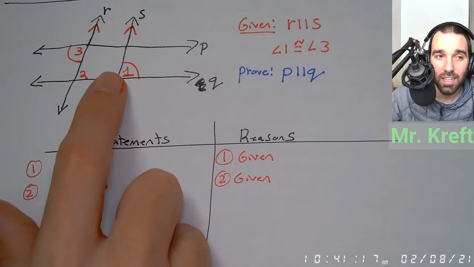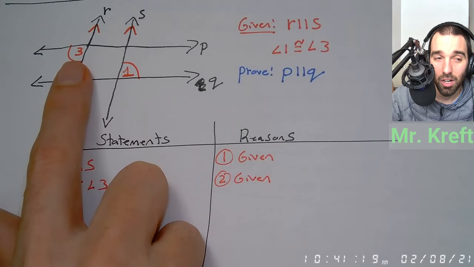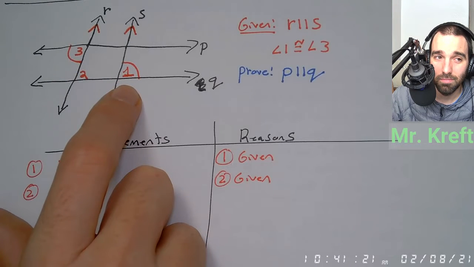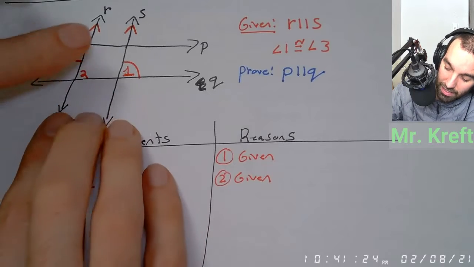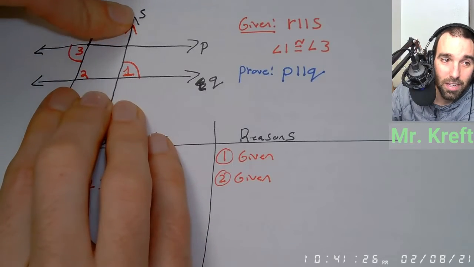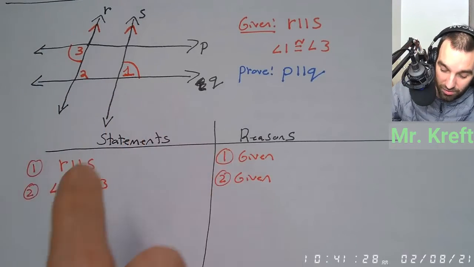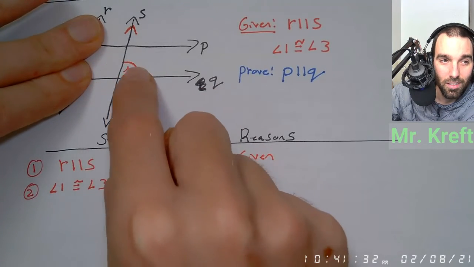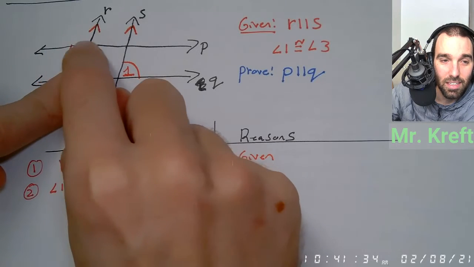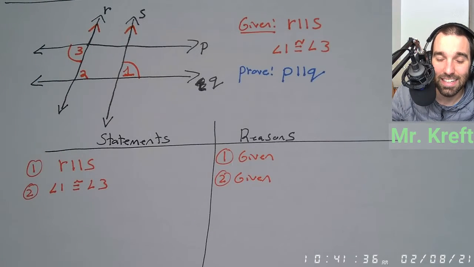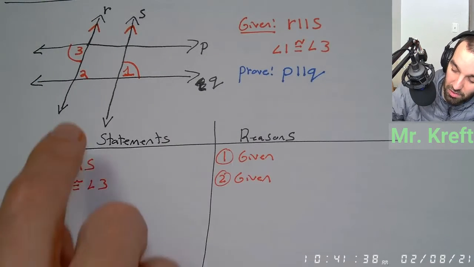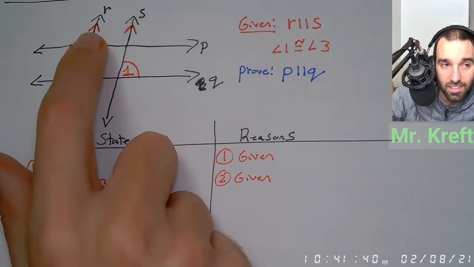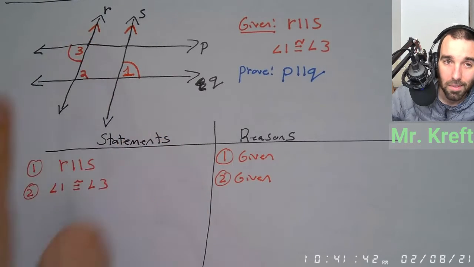But is this an angle relationship? Are these corresponding angles? And if we look at them, are they even connected by a transversal? If we look at what cities they're in, angle 1 is in this city down here, and angle 3 is in this city up here. Are those cities even connected? Is this city down here connected to this city up here?